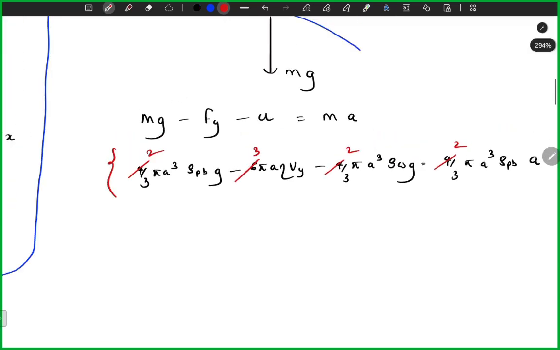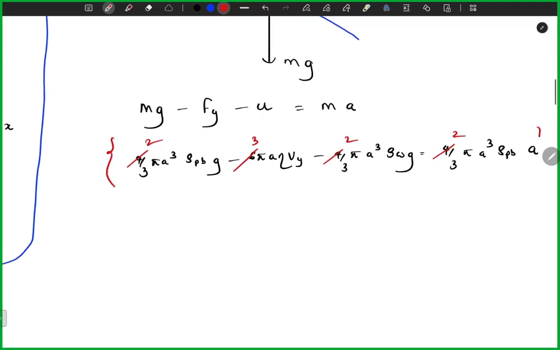The entire equation, I can multiply by 3. Use these techniques. This helps you to solve questions much faster. And of course, whatever you can cancel, please do cancel. So you can see here, π cancels off. And of course, you can cancel off one a, becomes then a squared.